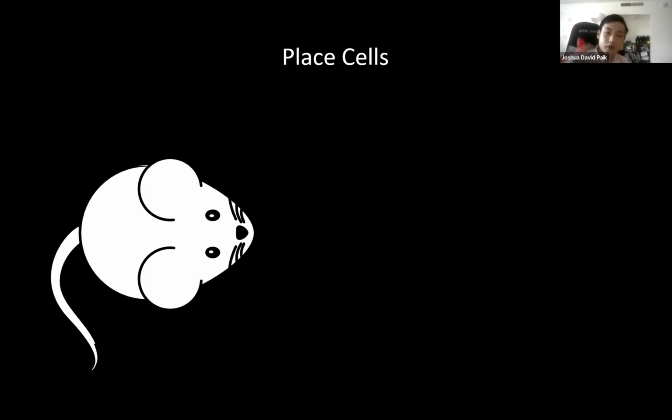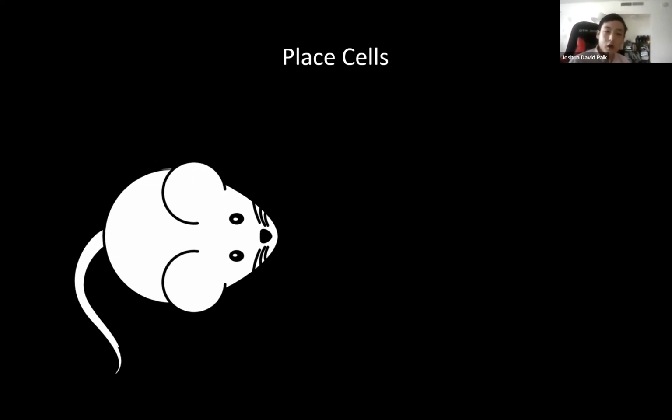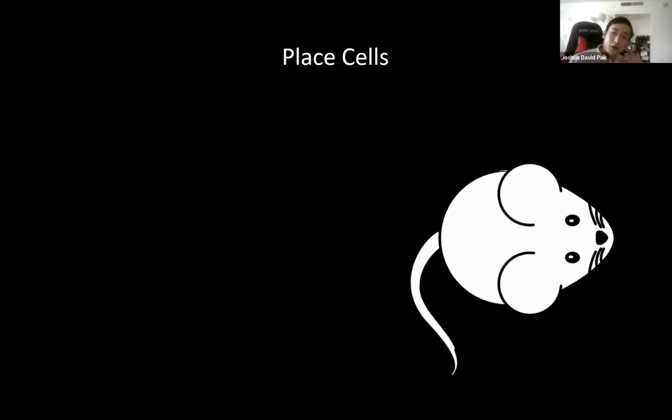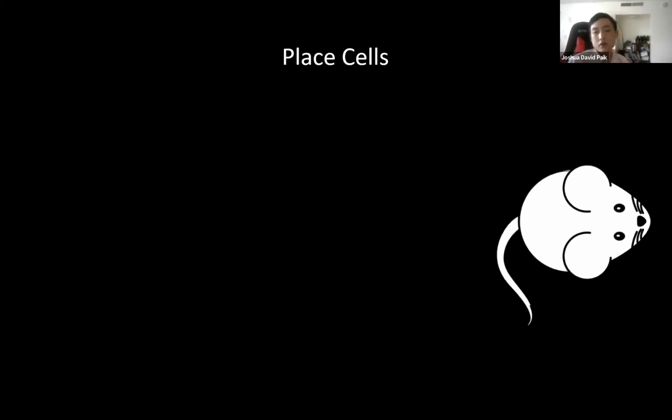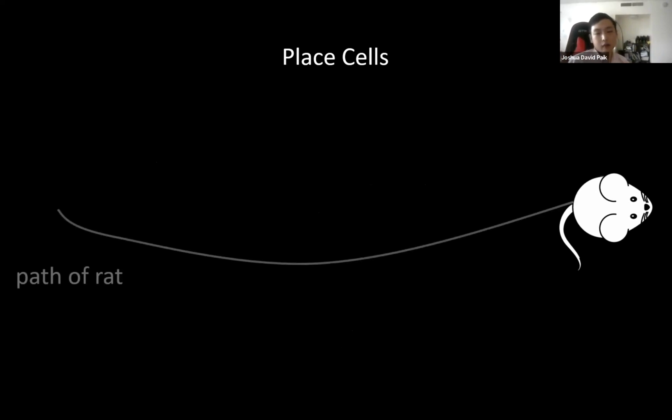And what we do is we let the rat move. So the rat is moving in our box, maybe your laptop screen. When we let the rat move, we can record two things. Firstly, we can record the path of the rat, its position inside of the box. And while we're recording the path, we can simultaneously record when place cells are firing.